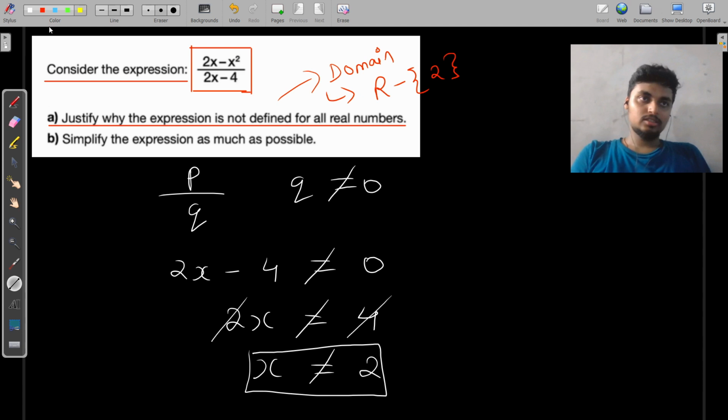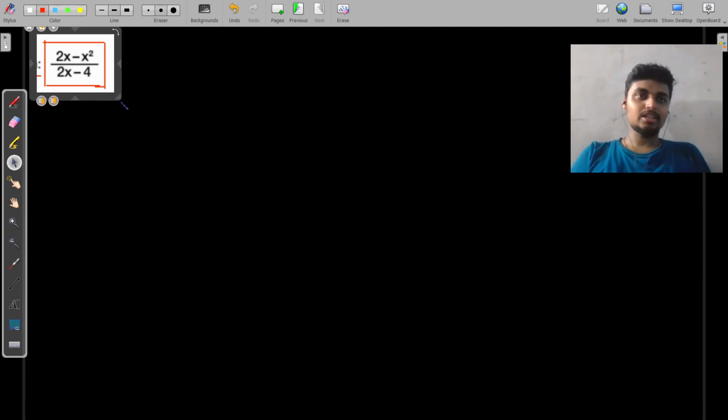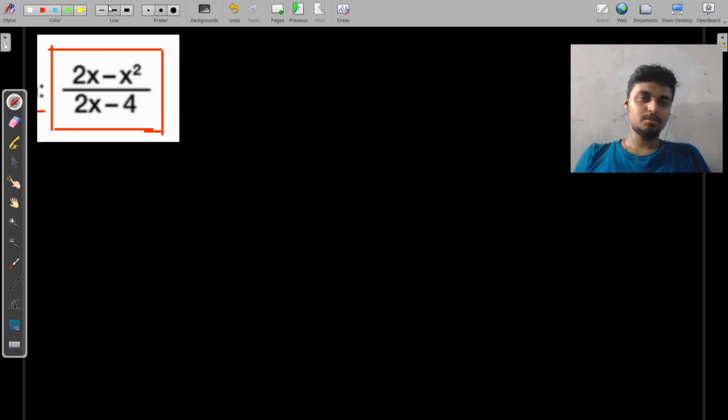Good. So let's move on to the second part. The second part states: simplify the expression as much as possible. So here we have to simplify this particular expression. Let's snap it down and take it to the next page so that we can use it properly.